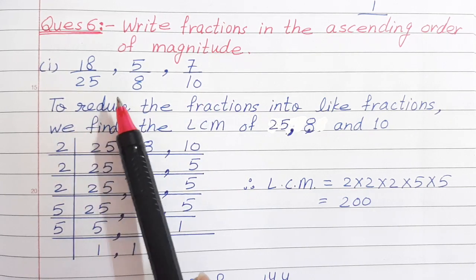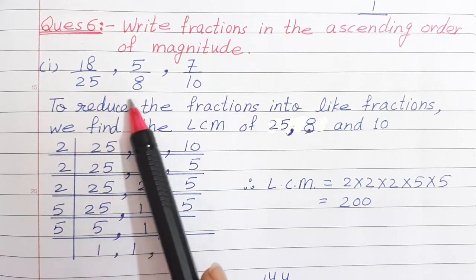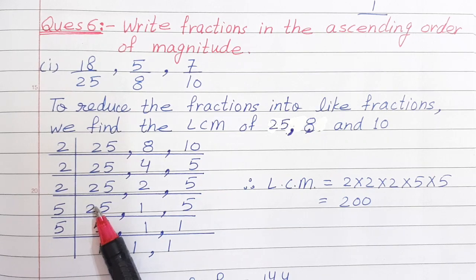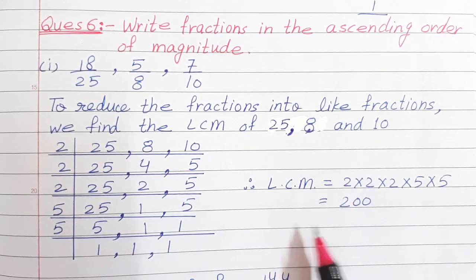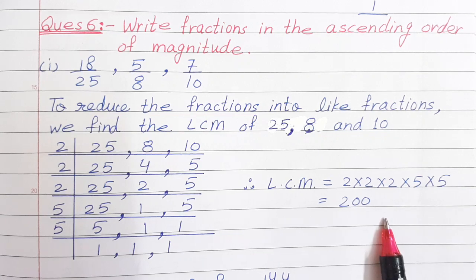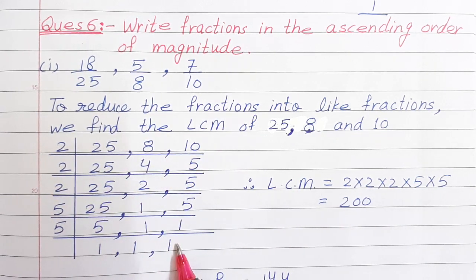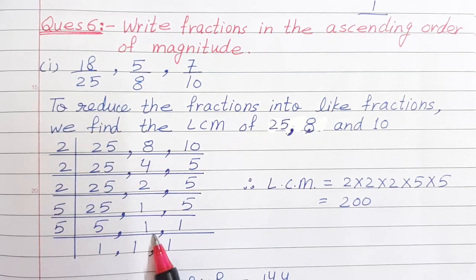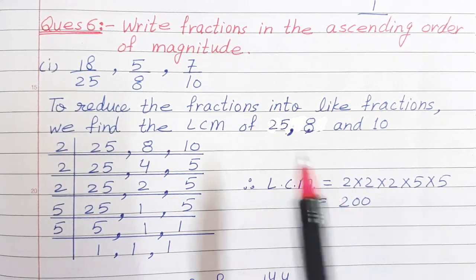So to reduce the fractions into like fractions, let us take the LCM of all the denominators. After taking the LCM, it is 200. Children, remember all the calculations you have to do in fair work, right? You need to show how you have taken the LCM. So the LCM is 200.